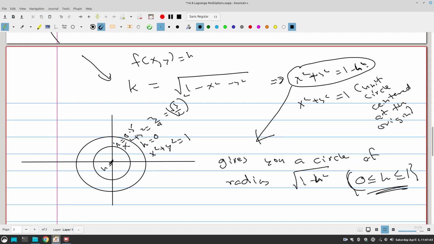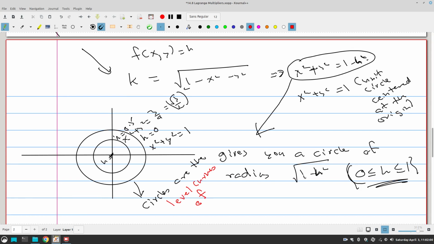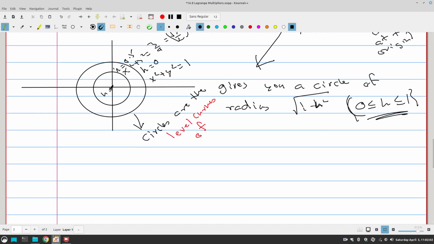So these circles are the level curves of the sphere x squared plus y squared plus z squared equals 1.